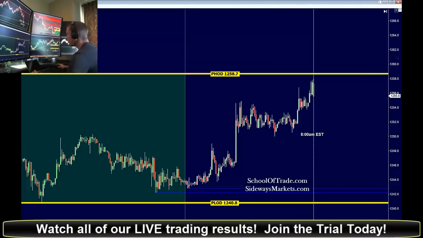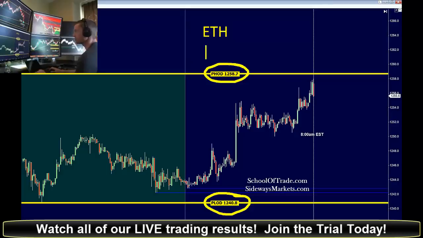So we begin the day this morning at 8 a.m. Eastern time. We know that gold is trading inside the range from yesterday. I want to show you two very important price levels, and if you're a new trader out there, it's probably a good idea to write this down: the previous high of day and the previous low of day. To be more specific, this is using the electronic trading hours, not the regular trading hours.